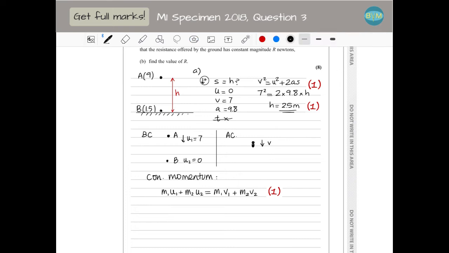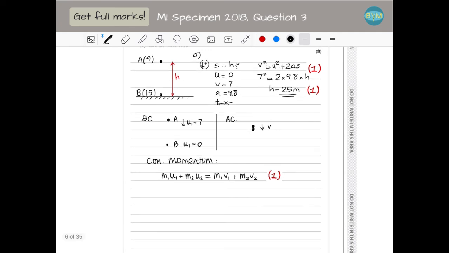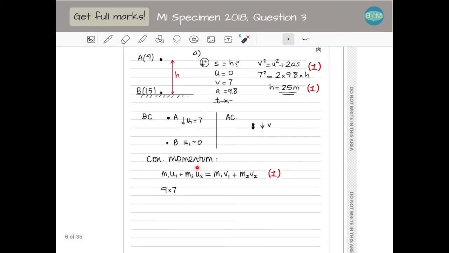And we are going to substitute. So M1 is 9 kilograms. Initial velocity of A is 0. Sorry, no, it's not 0. When it hits, it's 7. Yeah, so U1 is 7, 9 times 7. And then this part is 0 because this speed is 0.